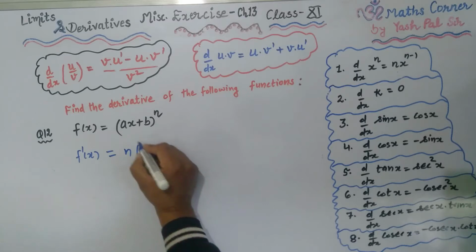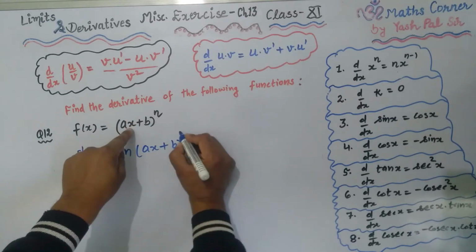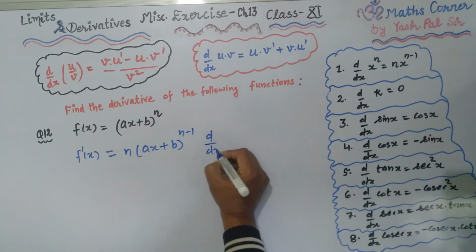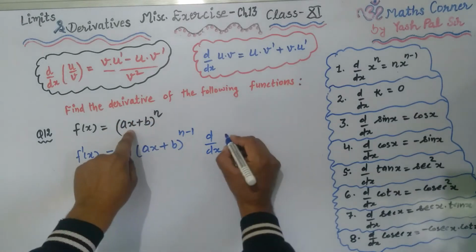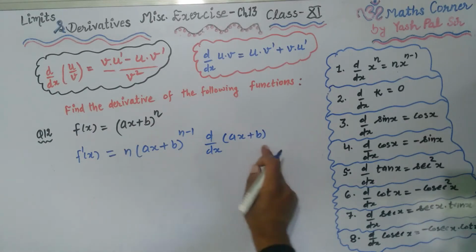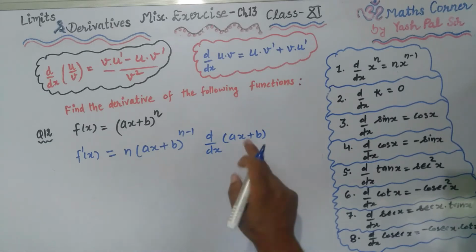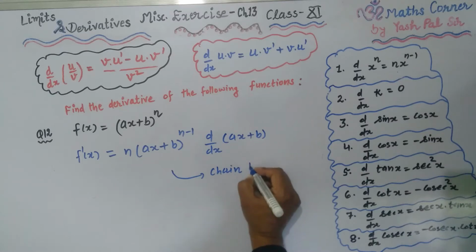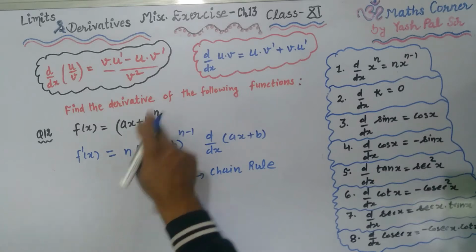So n into ax plus b whole raised to power n minus 1, into what we do, we differentiate what was supposed to be x, that is, we differentiate ax plus b. This method of finding the derivative is called the chain rule. That is, we connected this with x.